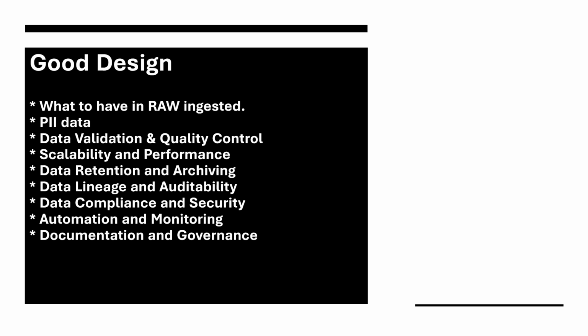The data needs to be validated. There should be pipelines which validate the data. All the pipelines should be scalable and have good performance. And automation and monitoring is also a core component.